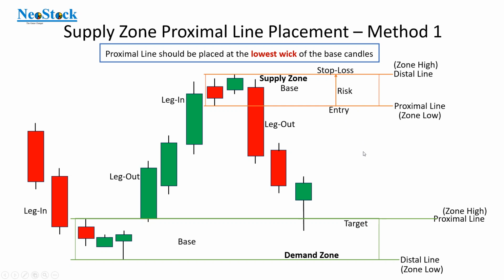That is one disadvantage. And reward is also less compared to the other methods. But the advantage is we have higher chances of executing our trade orders. So in this example, the trade is executed because price crossed the proximal line.